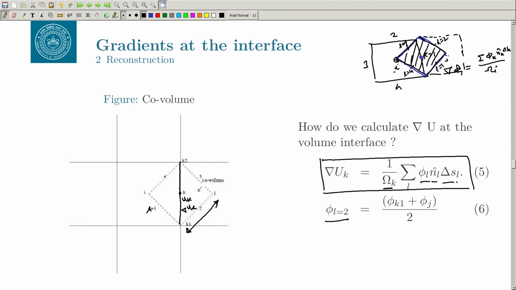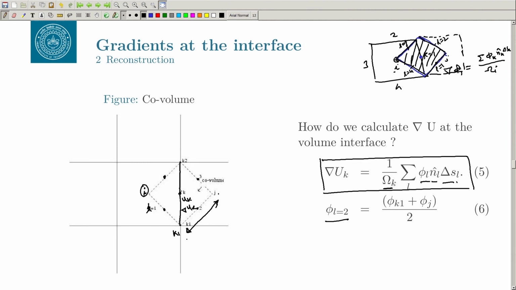Let us say you want the value here, at the co-volume face centers. You can just take the average of I plus the vertex value you have already gotten, I plus k1, similarly k1 plus j, j plus k2 and k2 plus I. You get the value at the center of the co-faces and thus the value of the gradient at the face.